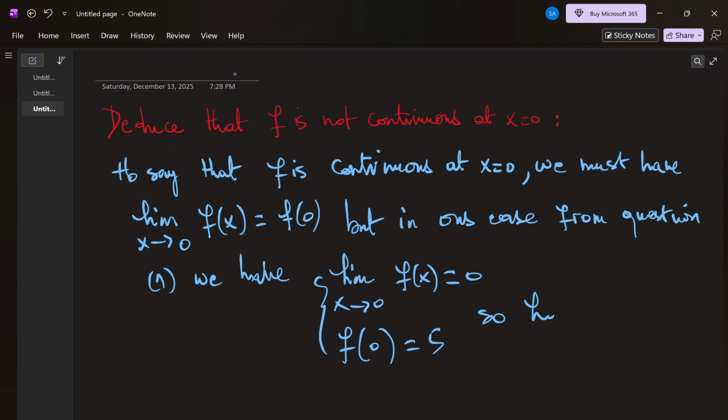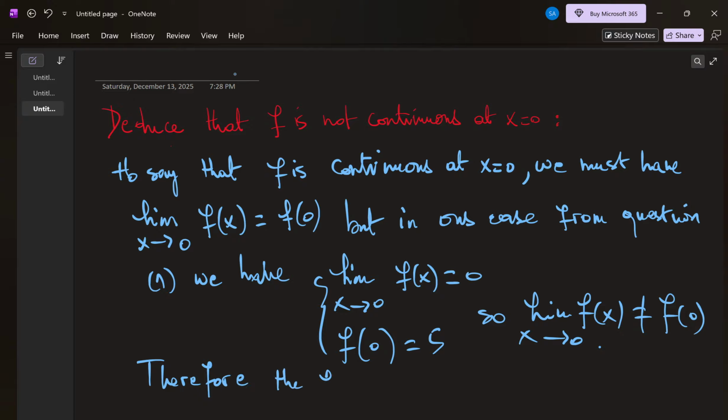So the limit of f of x does not equal f of 0. Therefore, the function f is discontinuous at 0.